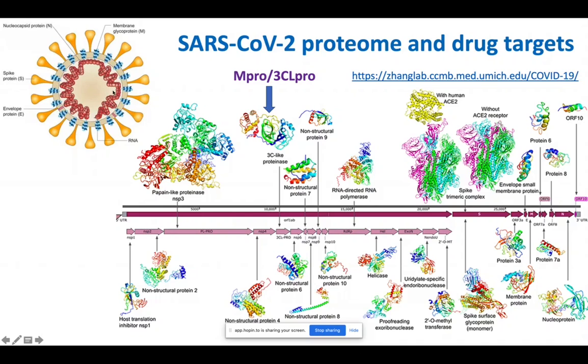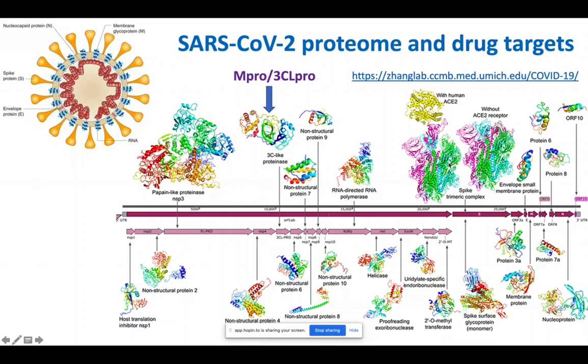Inside, it has a RNA encoding all these proteins. And any of these proteins could be drug target. That is, if you design a small molecule binding to this protein tightly, it could deactivate the protein's function and then kill the virus.